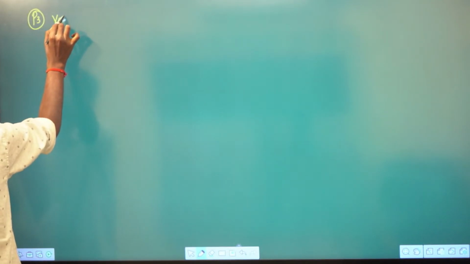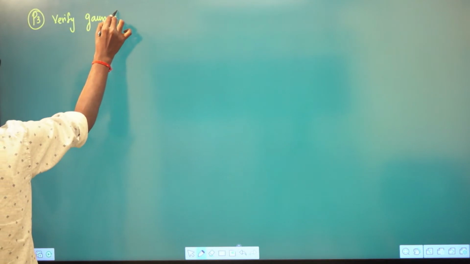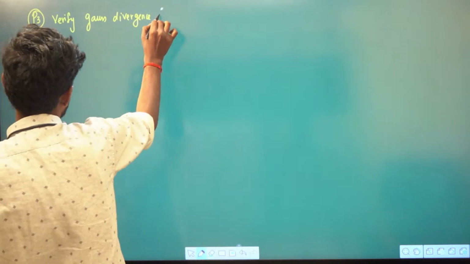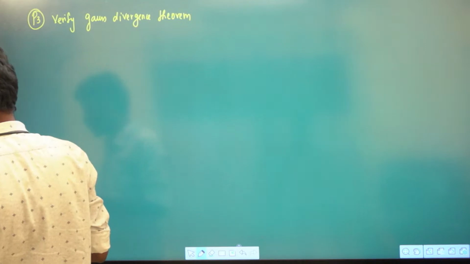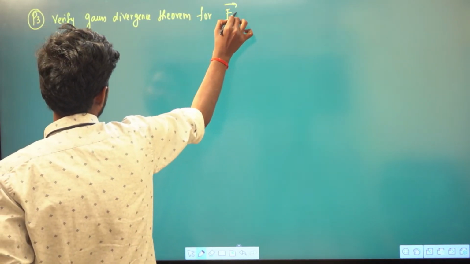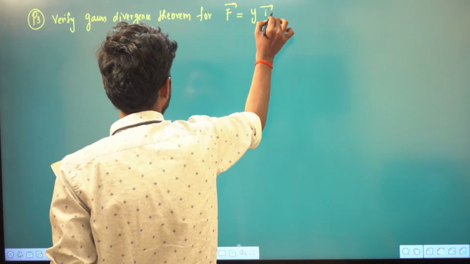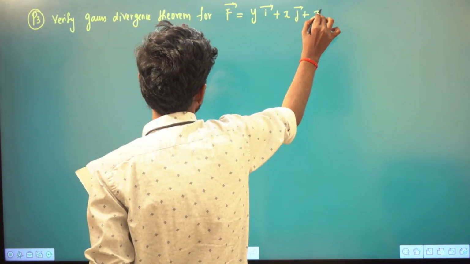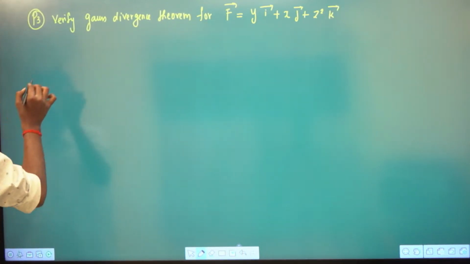Verify Gauss divergence theorem. Verify Gauss divergence theorem for, so they are given f vector to be equal to y into i vector plus x into j vector plus z square k vector over the cylinder.